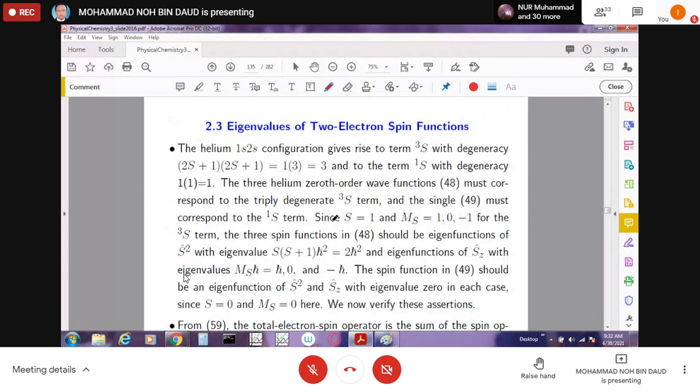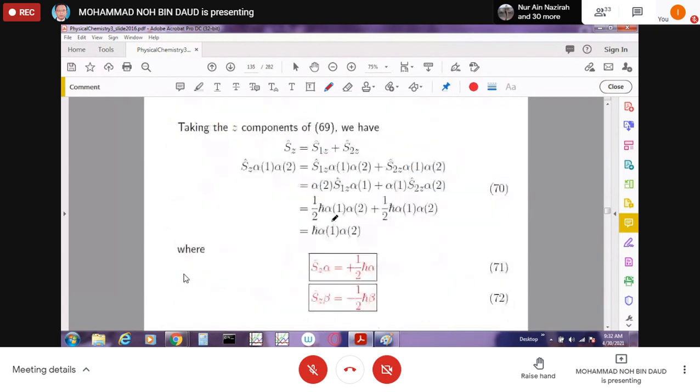So the eigenvalue for the two electron system for helium, how can we mathematically find the eigenvalue, like here, for this two electron spin, half and half. Of course, here, this is half and half.